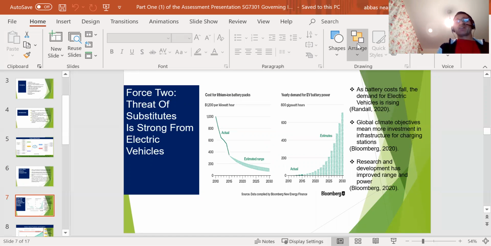The price of electric cars is coming down because the batteries are cheaper. The range of vehicles has improved and this market is more attractive as an alternative.